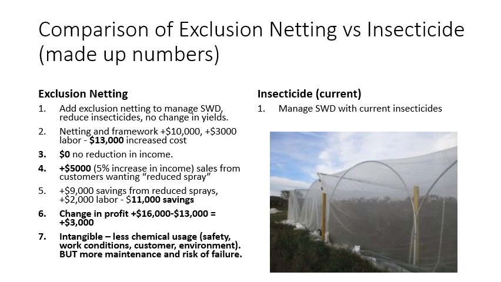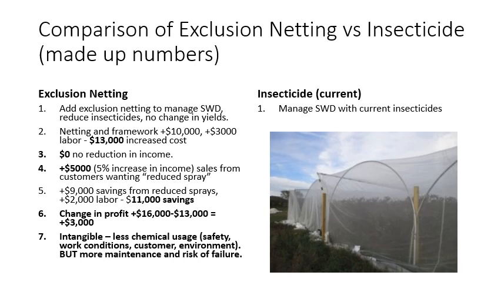But then there's the intangibles, right? So it may be that there's some positives. I have customer goodwill, perhaps, concern about the environment, working conditions. My workers don't like putting on all of the protective gear. In the summer, it's really hot. But I also may be concerned.